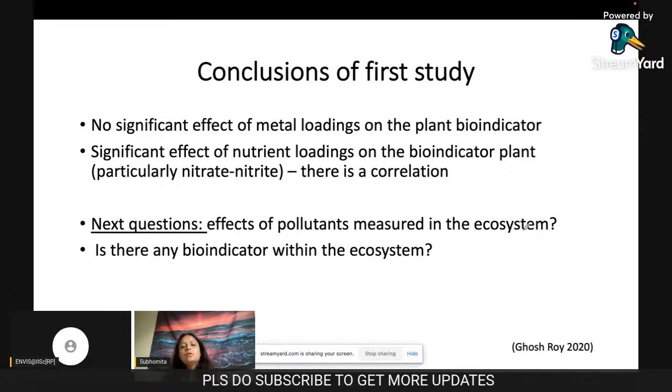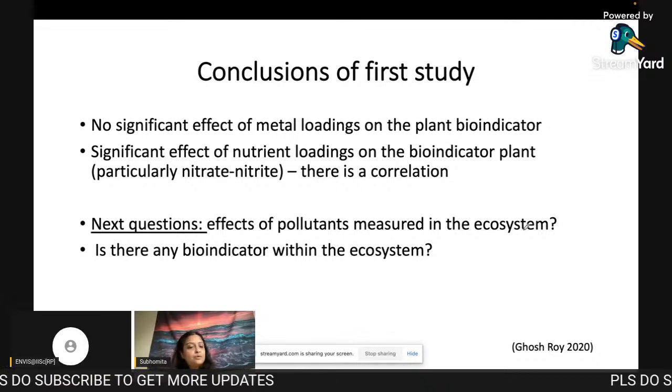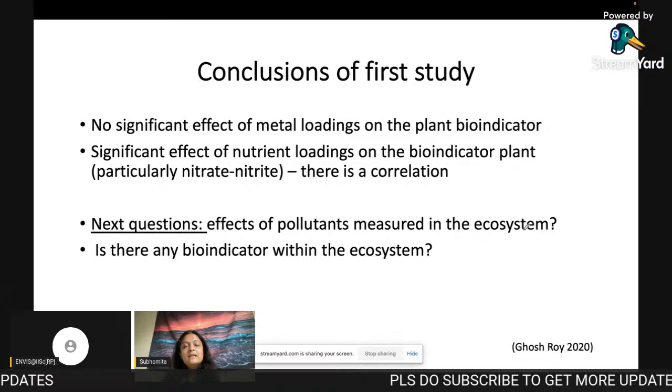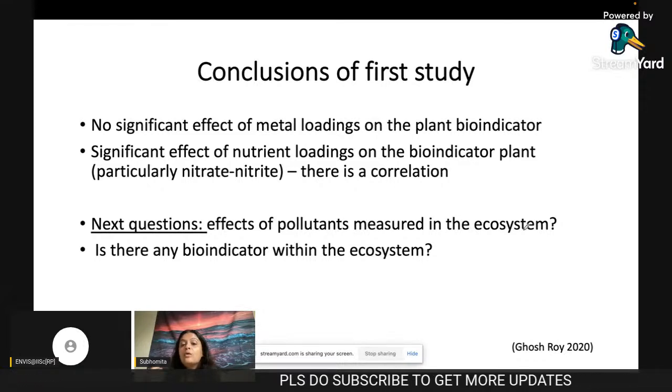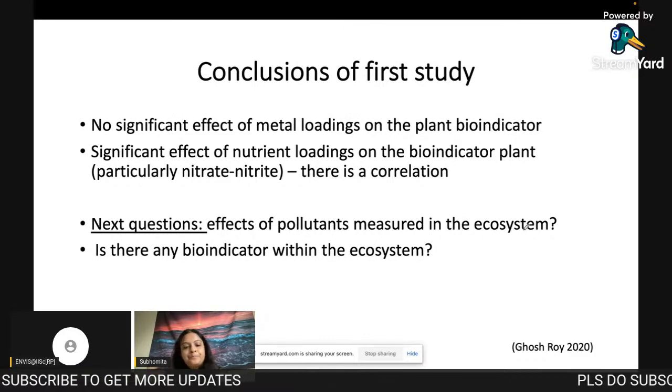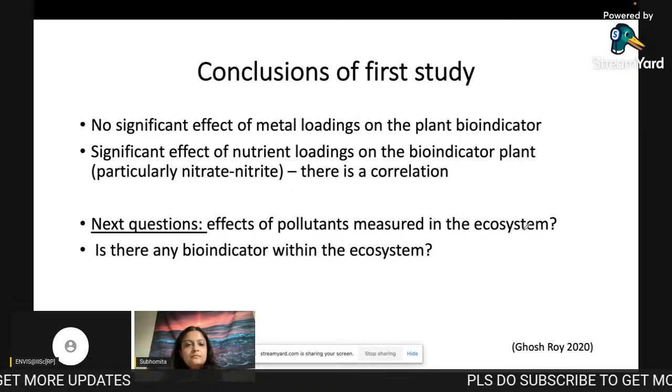So the next question was: what would happen if we go out in the ecosystem and measure these pollutants, and if we can use any specific bioindicators that are already in the ecosystem, meaning some organism already living there?